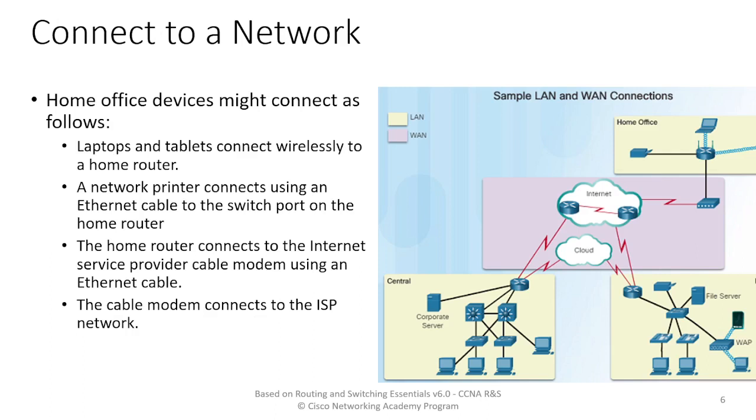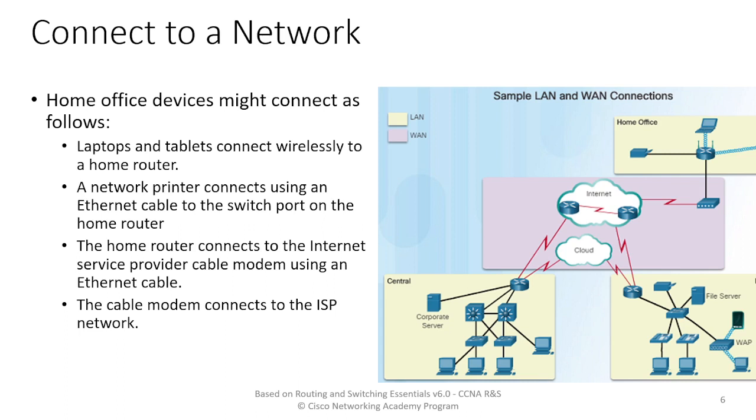So when we think about connecting to networks, there are a number of ways that we may connect to a network, or the networks can be structured in a number of different ways.